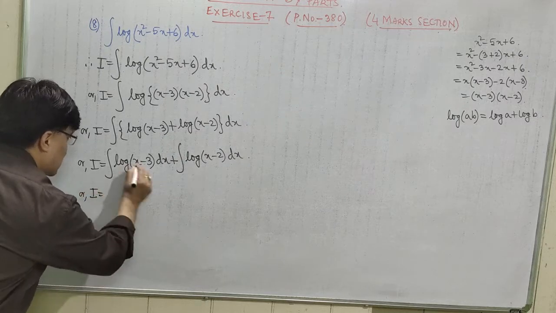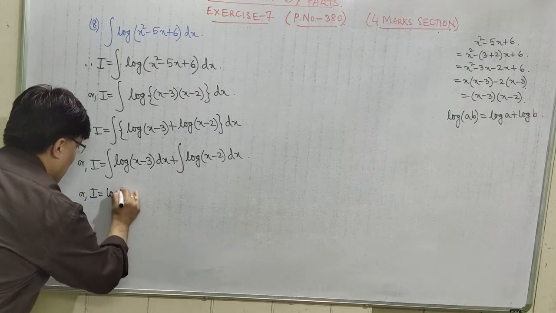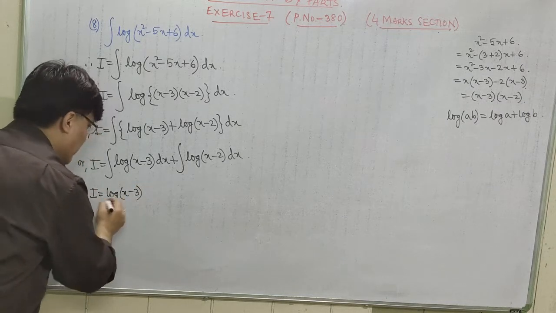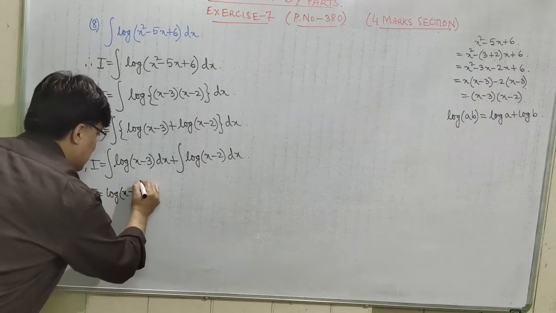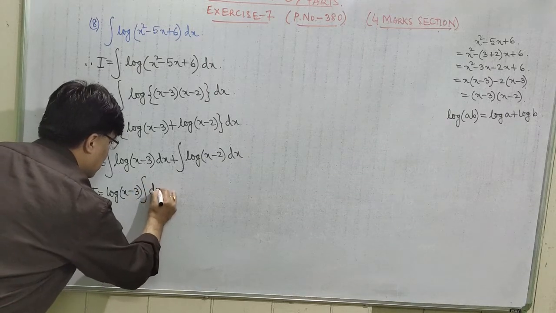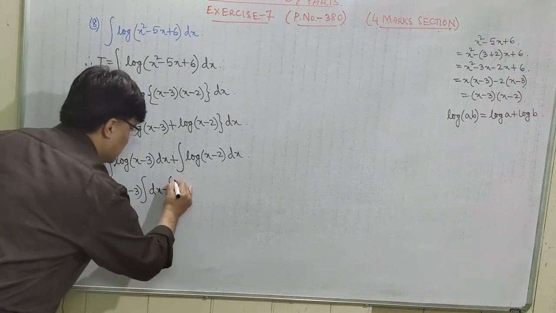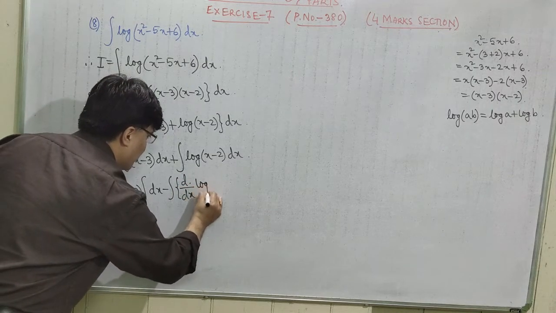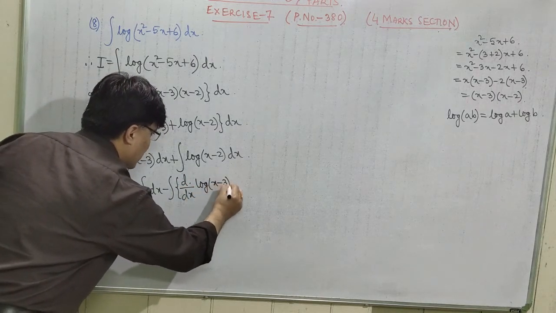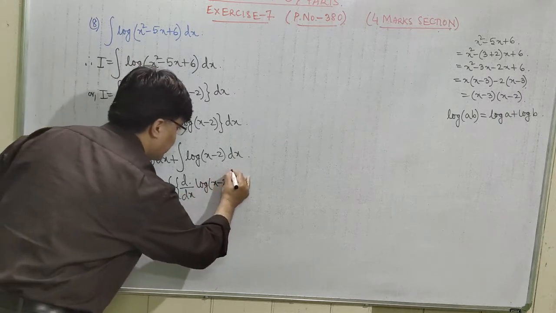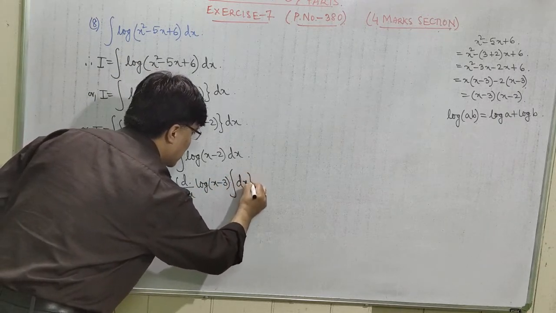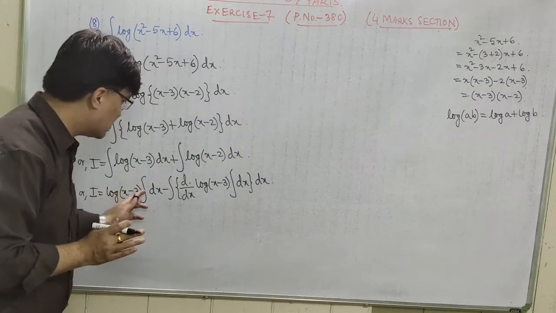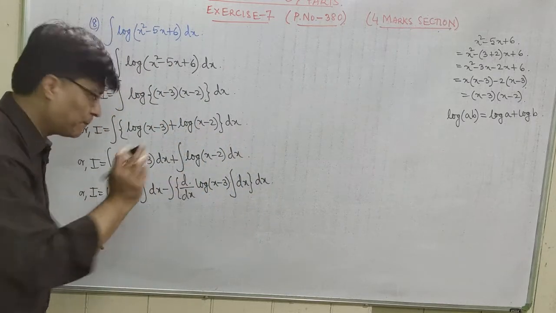So I is equal to, this is the first function, log of x minus 3 comes in the front, outside the integral sign dx, minus integration of second bracket dy dx of log of x minus 3, integral sign dx, second bracket closed, dx. So this is integration by parts for the first function.